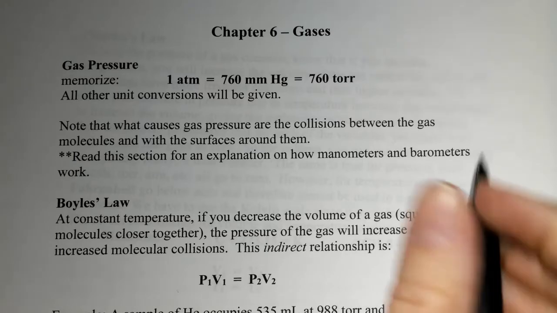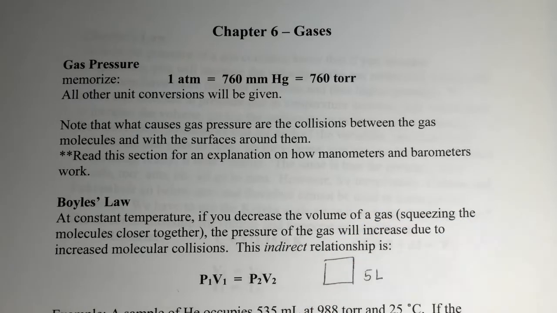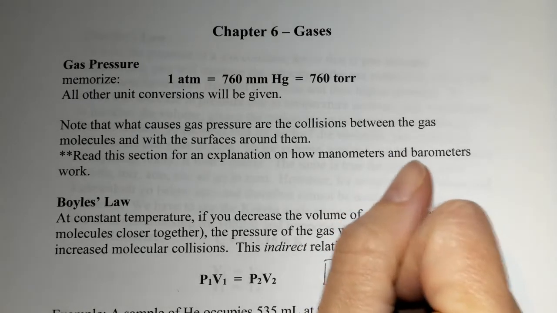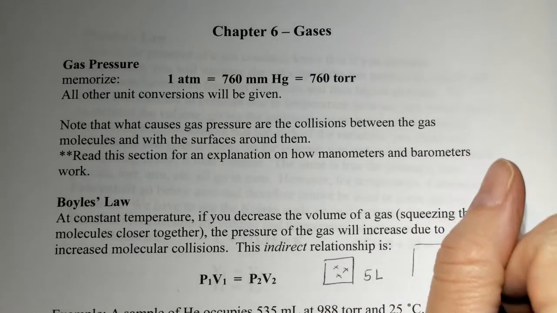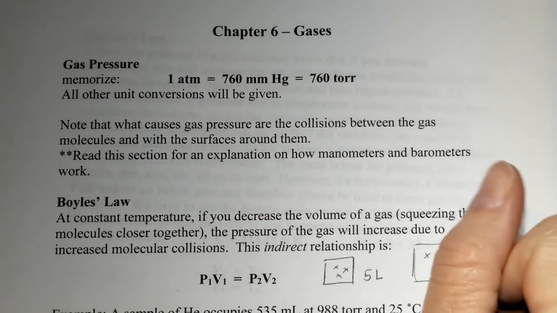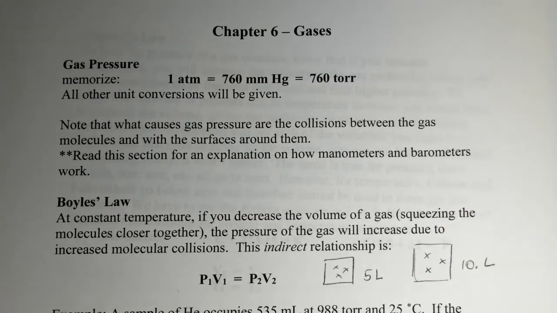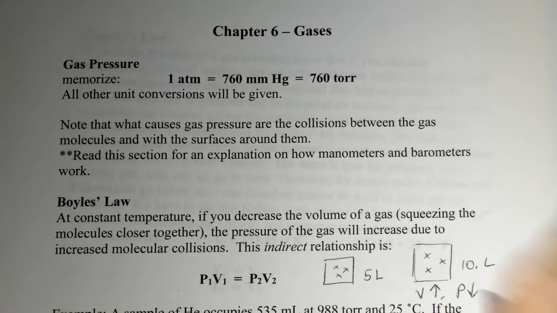If I have, let's say, a container that is 5 liters in space, and I've got my moles of gas inside, when I expand that to let's say 10 liters of space, and I still have my same moles of gas inside, as volume increases, the pressure is going to decrease.